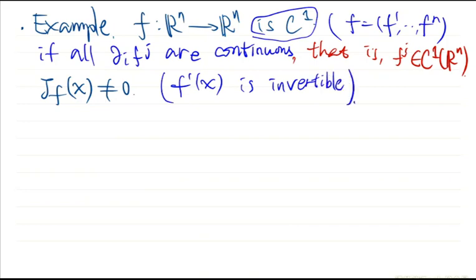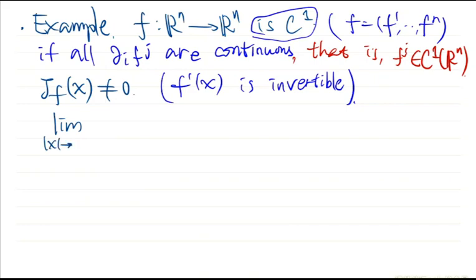So this is the second condition. The first condition is smoothness, C1. The second condition is no singularity, which means the Jacobian determinant is not zero.